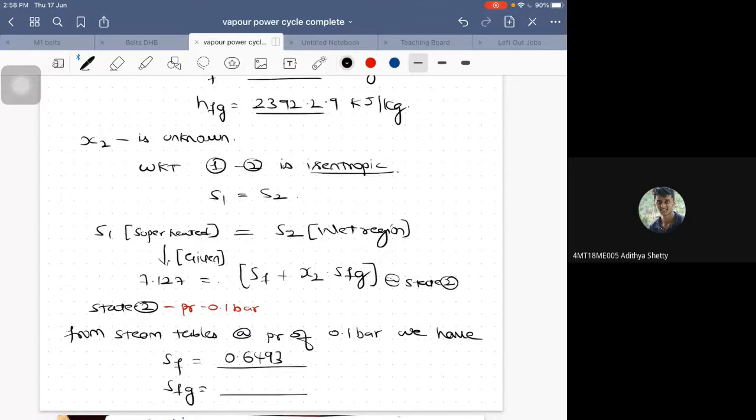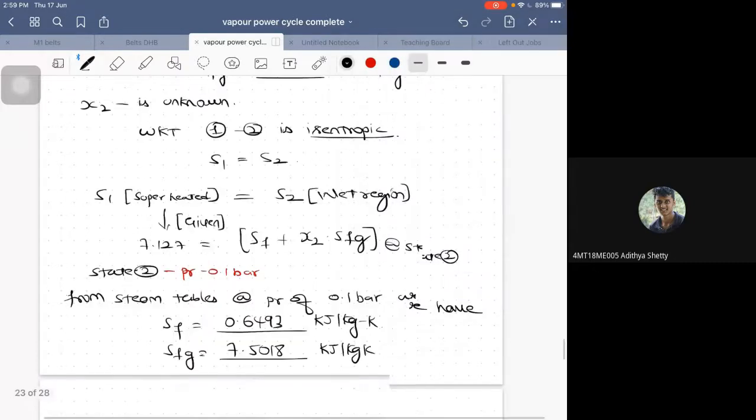What is the unit? Kilojoules per kg Kelvin. Now, Sfg is 7.5018 kilojoules per kg Kelvin. Now, immediately substitute those in the above equation.